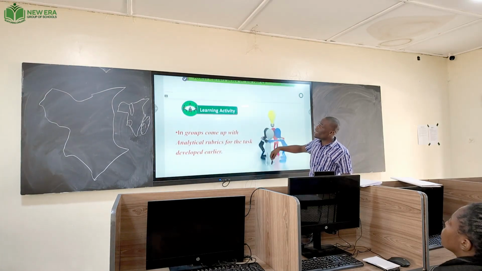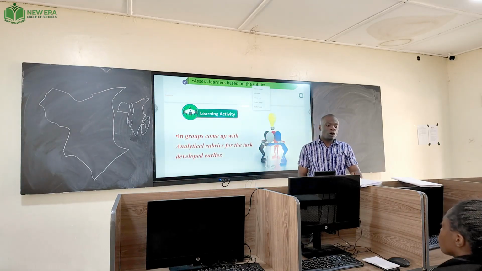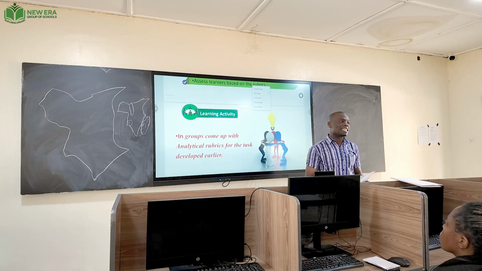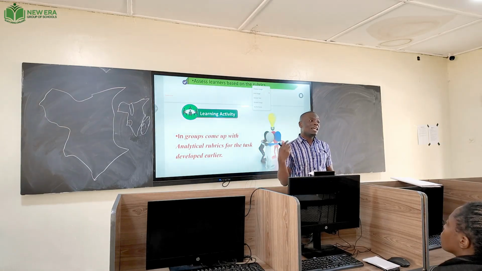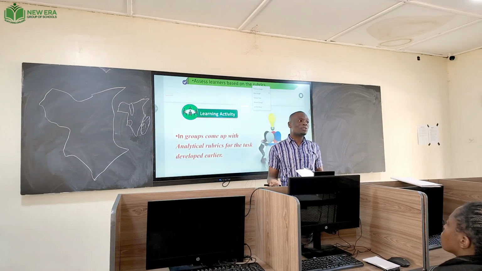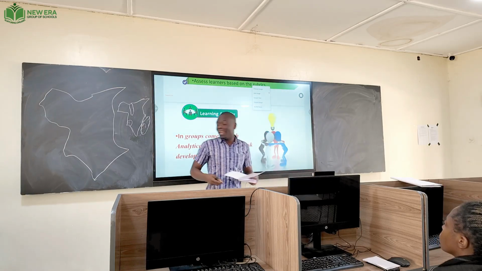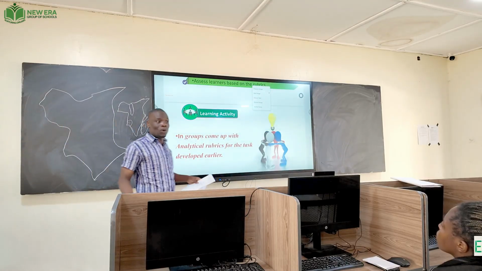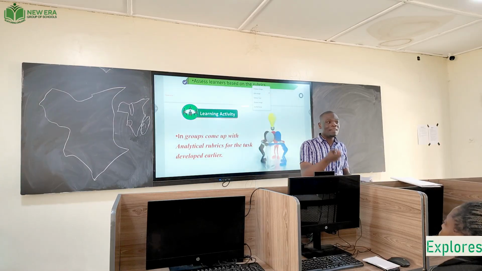Those are now the major types of assessment tools. So we have clearly seen that we have various types of assessment tools. We started by looking at the observation schedule, where the learner is observed in a way that maybe the learner will not even know, but you are observing the behavioral changes that are being developed in the learner.